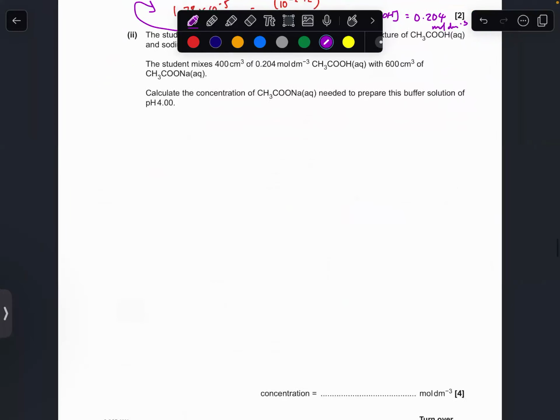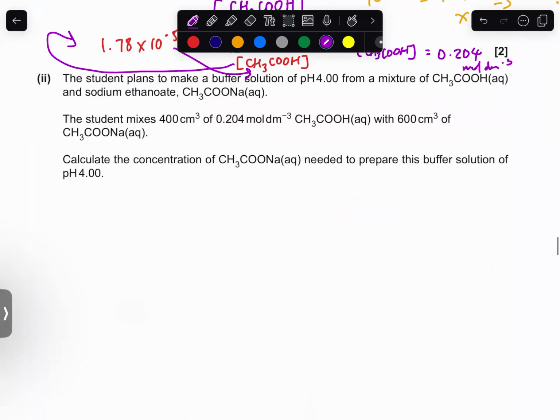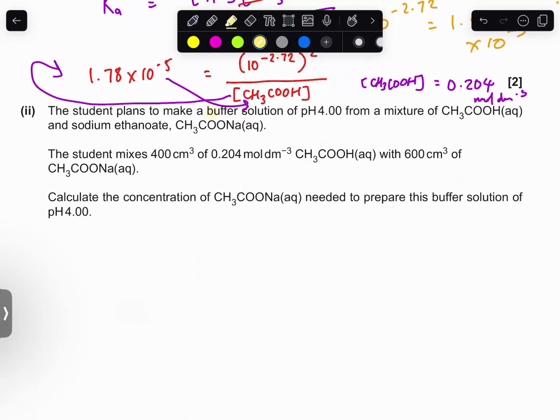Oh, this is a big marker here. The student plans to make a buffer solution with this pH from a mixture of ethanoic acid and sodium ethanoate. The student mixes this volume and this concentration of ethanoic acid with this volume of sodium ethanoate.